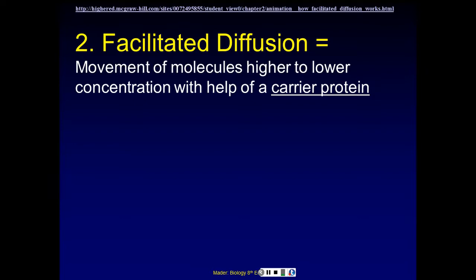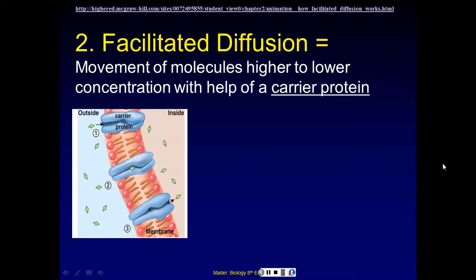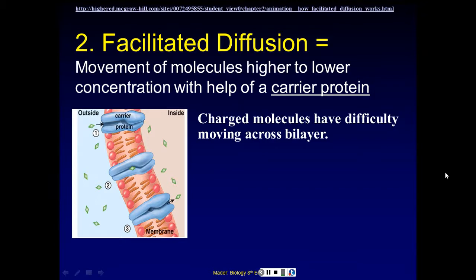These are carrier proteins that literally carry molecules across the membrane. Molecules are going from where they are more highly concentrated to where they are lower concentrated, but instead of being able to go through the plasma membrane, they have to go through one of these protein molecules. And this illustration represents glucose, which is a molecule that has to go across the membrane through a facilitator or a protein.